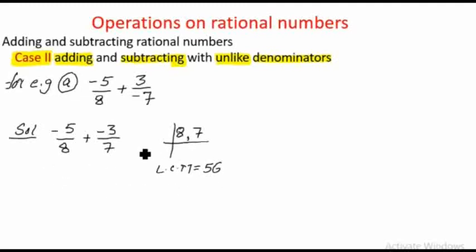Now this 56, where you have to write here 56. Now after this you can see this in table of 8, how many times 56 will come? So it will come 7 times.